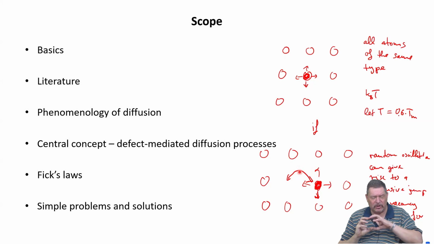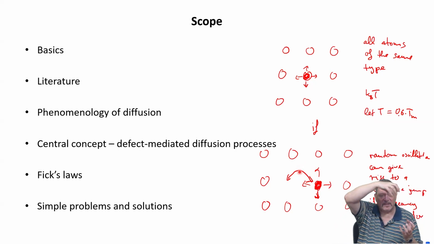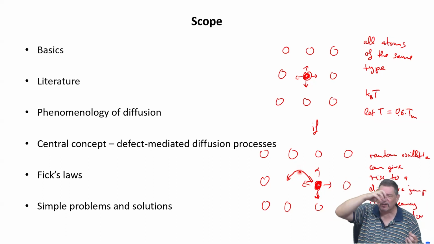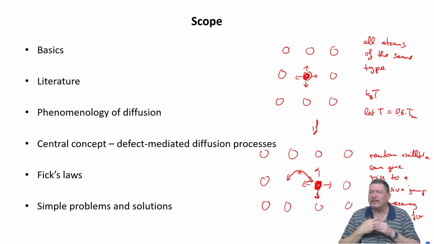So the jump must be just right, or this oscillation must have the right amplitude so that the atom can reach the next lattice position. And at the same time, because all the other atoms are also oscillating, they must be, at the time of the transition, a little bit further apart so that the atom can push through. This is providing the activation barrier.